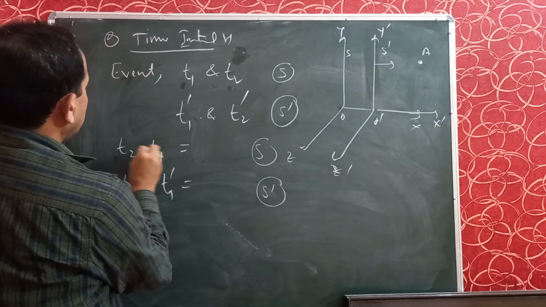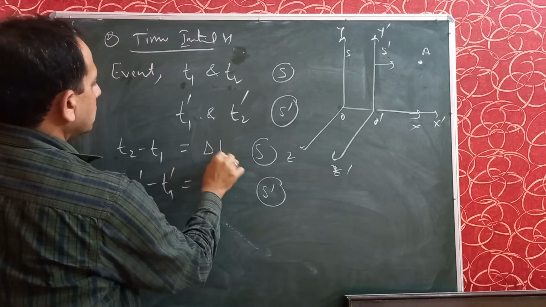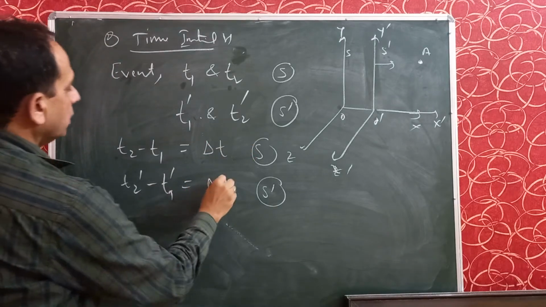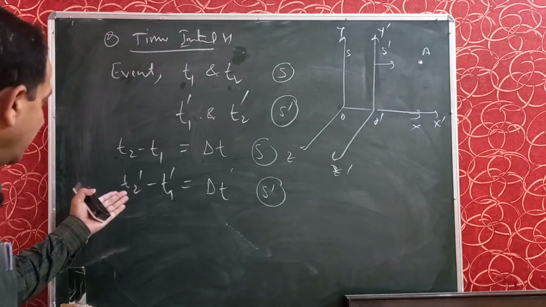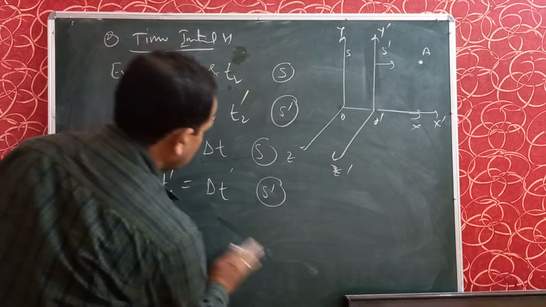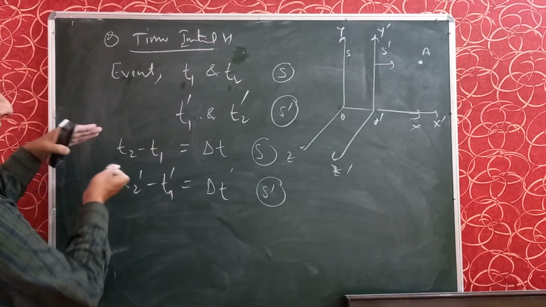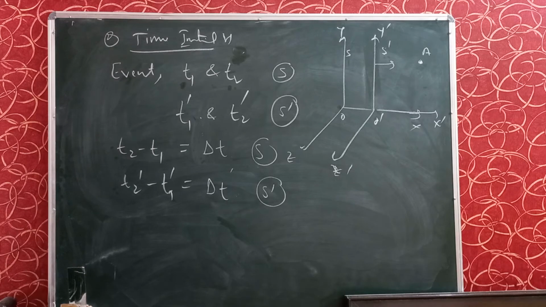Let it be taken as delta T, and delta T dash. Now we will correlate these events by using Galilean equations, to find the relation between these two parameters.